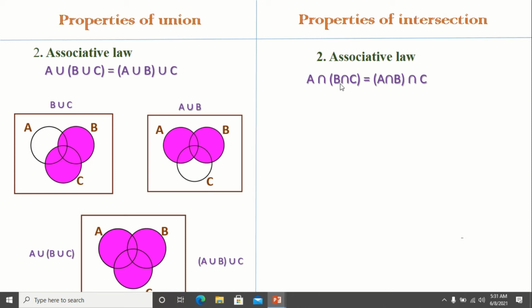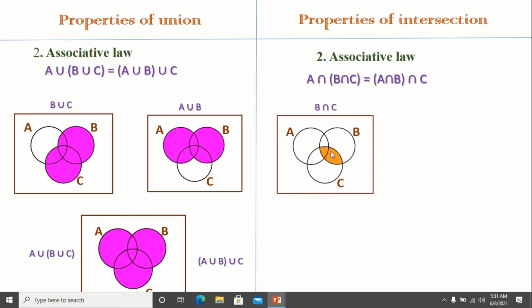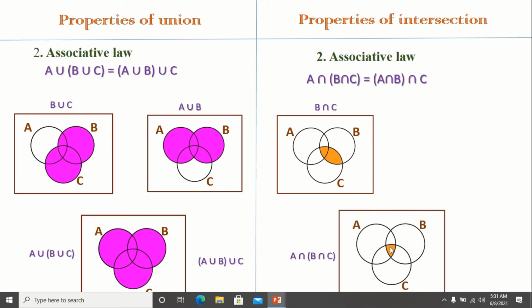In that, first we have to give preference to the set which is given in the bracket, which is the Venn diagram of B intersection C. This orange region is the region which is common to both B and C. Now next we have to find A intersection (B intersection C), that is, we have to find the common region for the set A and B intersection C, which is given in this Venn diagram. This is the region common to A, B and C.